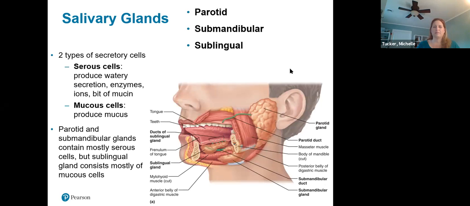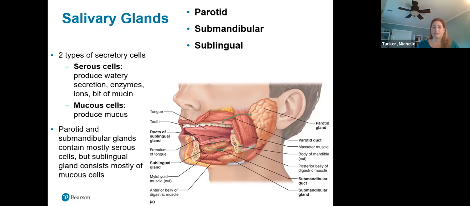The three main, and this will be part of your digestive lab, is locating these three sets of salivary glands. The largest is on the side of the cheek, here. And these are going to be the parotids. They're associated with the masseter chewing muscle. So the parotid salivary glands are very large, and then they will dump their secretions in through ducts.